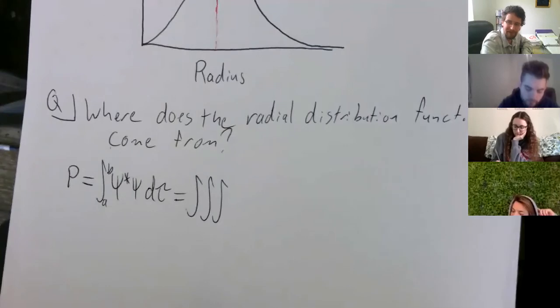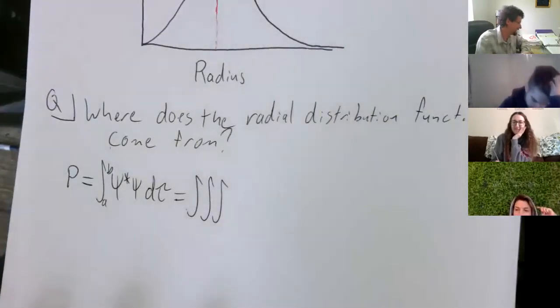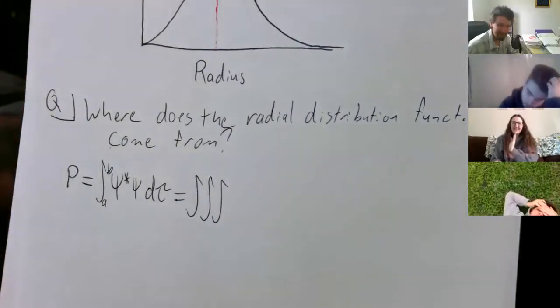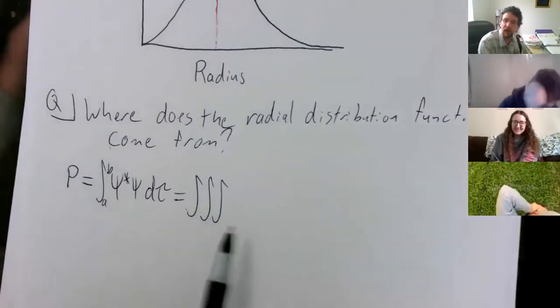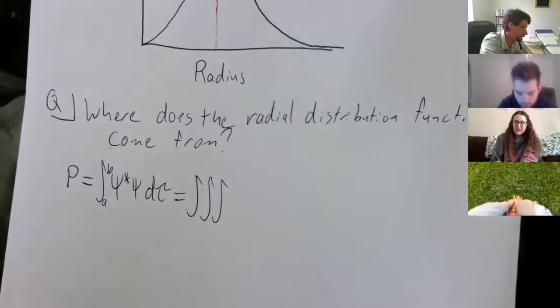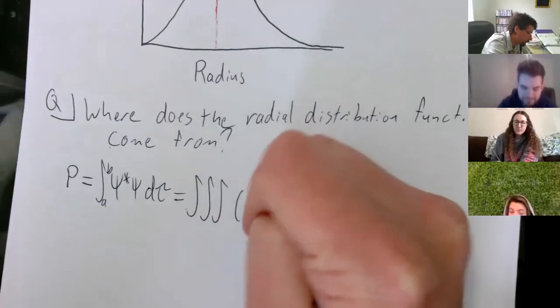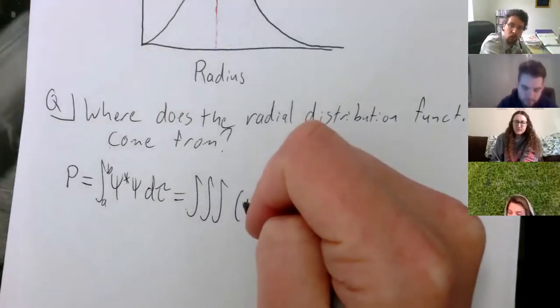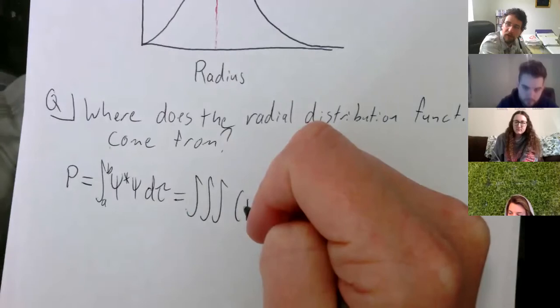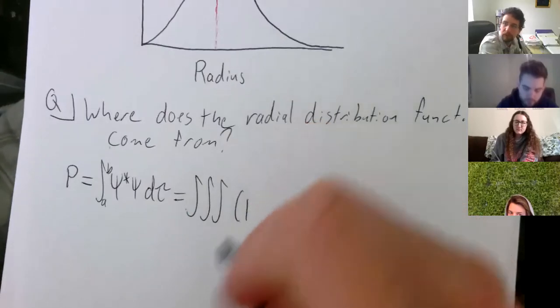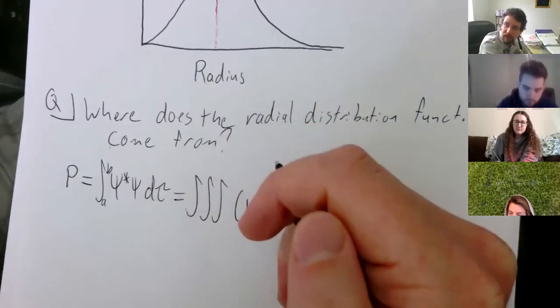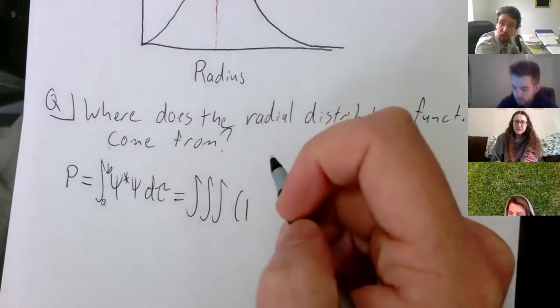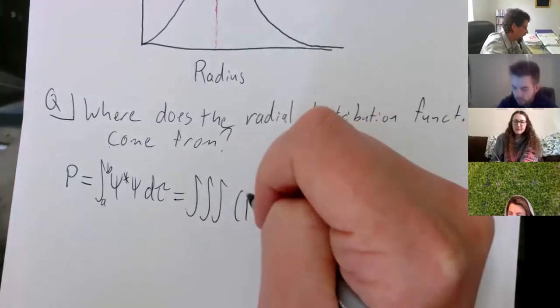We could put in integration limits, but we're going to leave them off because we're lazy for now. And we can break our wave function apart into what two types of functions? Angular and radial. Yep, angular and radial.